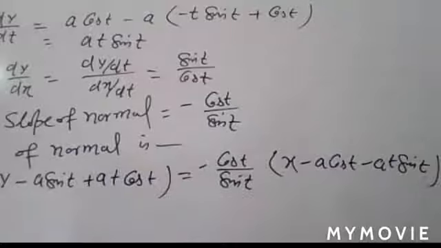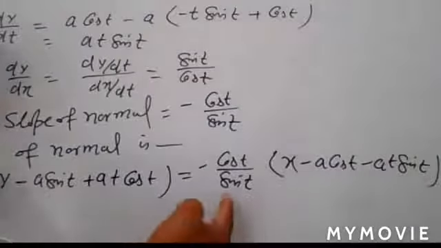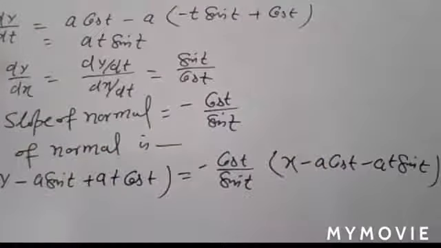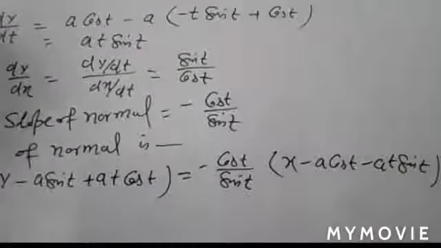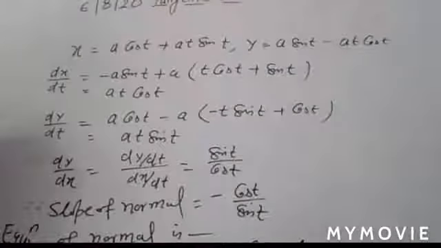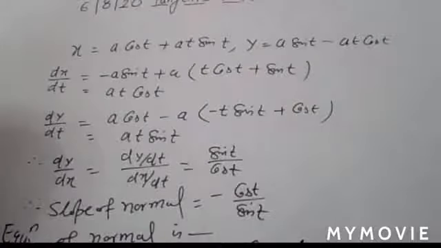Understand? So what you are doing is multiplying sin to the left side and minus cos t to this. The value of y1 is equal to the value of y, and the value of x1 is the value of x, which is given in your curve.